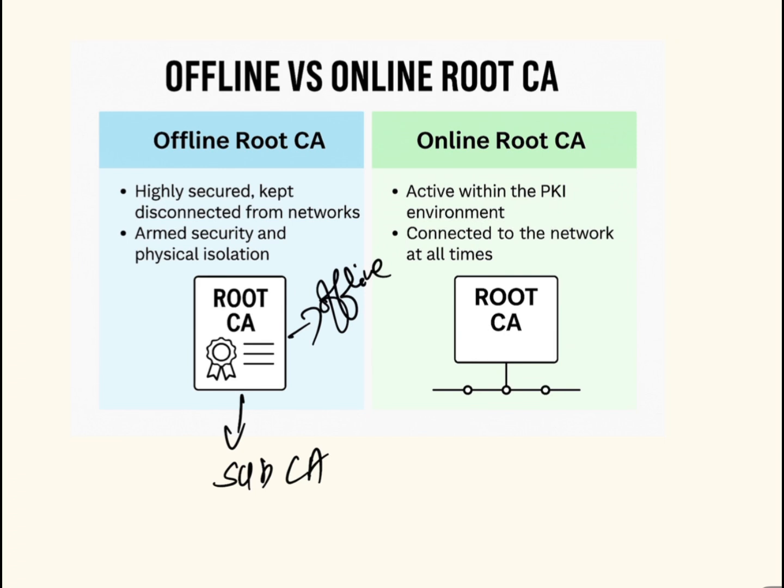The OS or browser checks the chain of trust. If the root CA is in the trusted store pushed by group policy in the enterprise, it's trusted. It may use CRL or OCSP to check revocation.